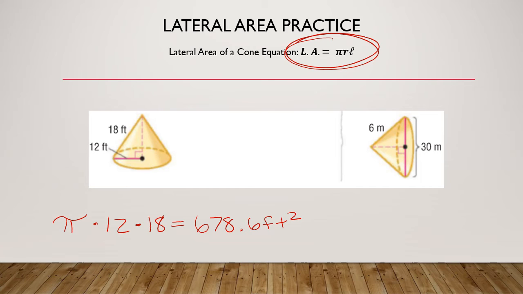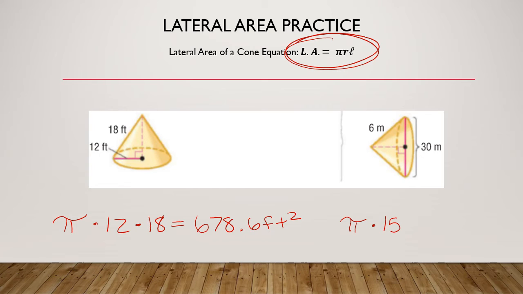On to the second example. Second example is just a little bit different. It gives us the diameter rather than the radius. So you can see the pink line goes all the way through the base of the cone. So we're going to have to divide that by 2 in order to get our radius. So still using the same equation, I'm going to go pi times radius, which happens to be 15.